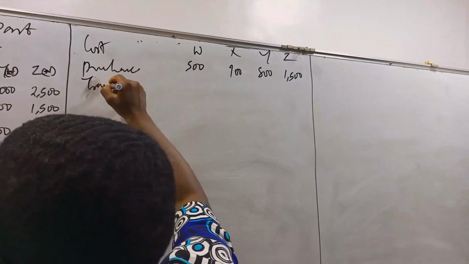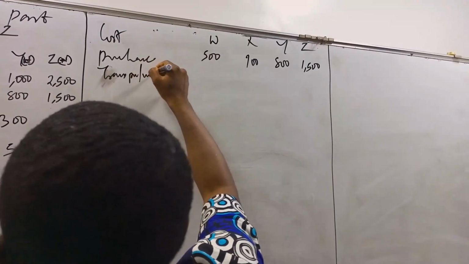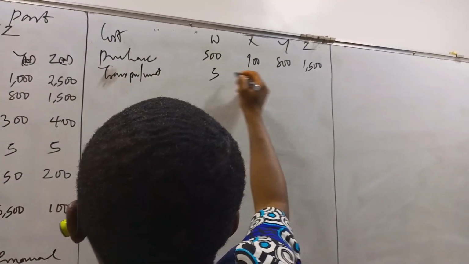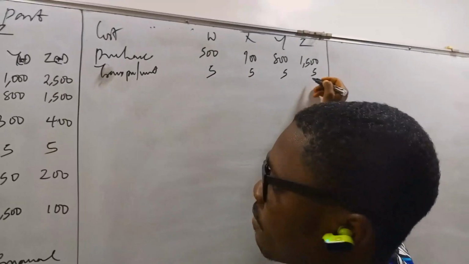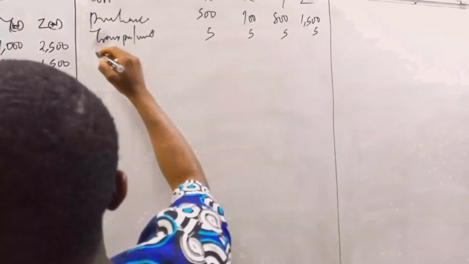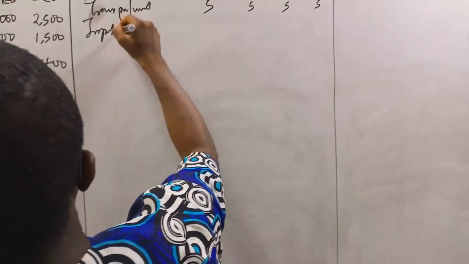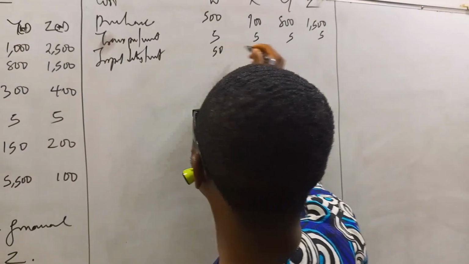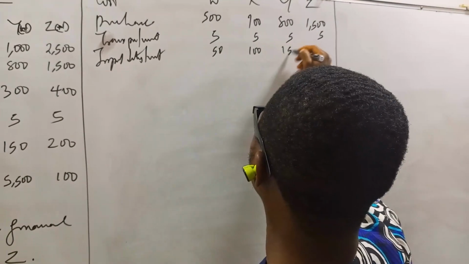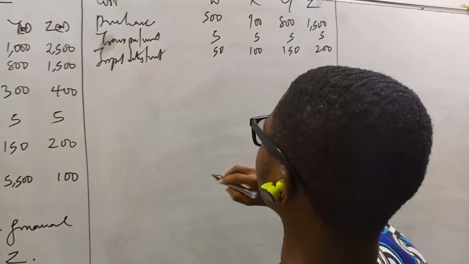We have our transport per unit. Our transport is what? 5 naira, 5 naira, 5 naira, 5 naira. We have our import duty per unit of what? 50 naira, 100 naira, 150, 200.